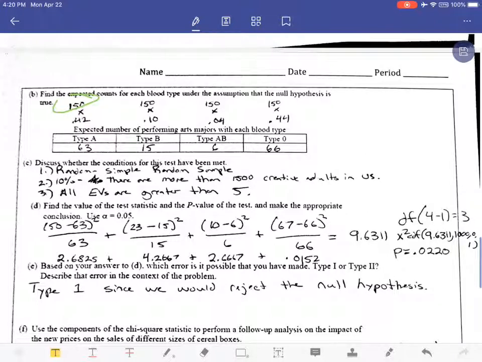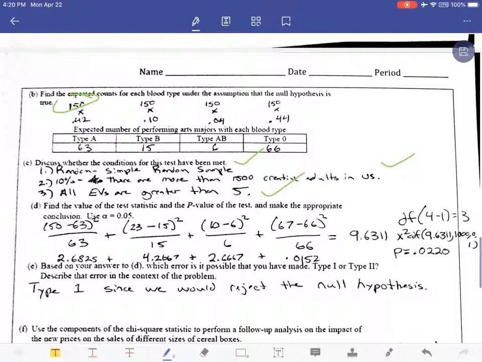So for this one, our conditions: random, it tells us a simple random sample. 10% rule, we know there's definitely more than 1,500 creative adults in the U.S. And then all of our expected values are greater than 5. You can see for the type AB blood, it got pretty close to that 5, but it's still above it, so it checks out. So all three of our conditions check out.